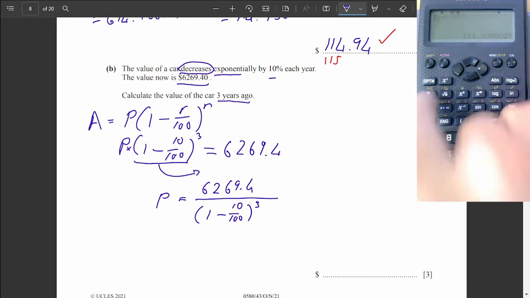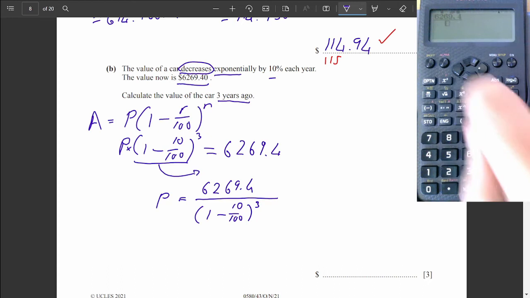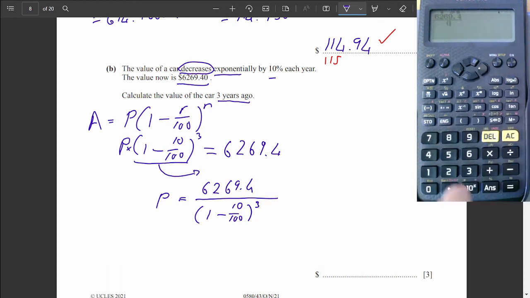So let's do that. 6269.4 divided by, use the bracket to be safe, put it in exactly like that, bracket cube, equals. Get a beautiful number there, 8,600. Sounds like an amount people would sell a car for. Okay, and that is the correct answer.